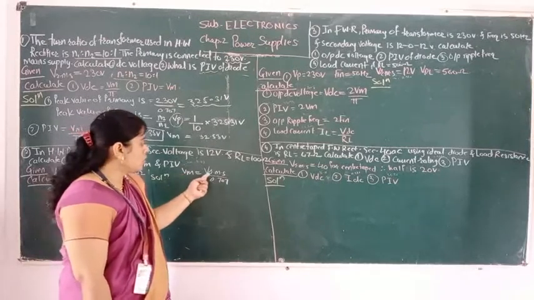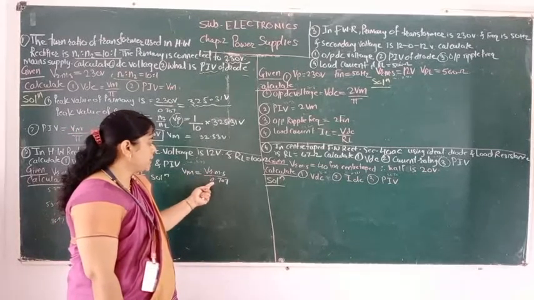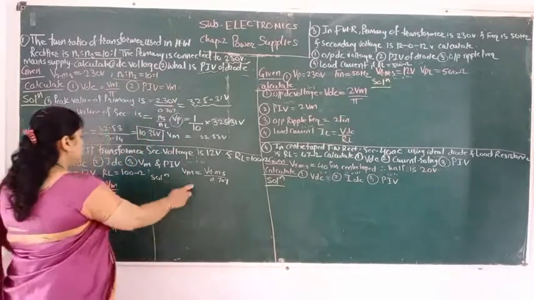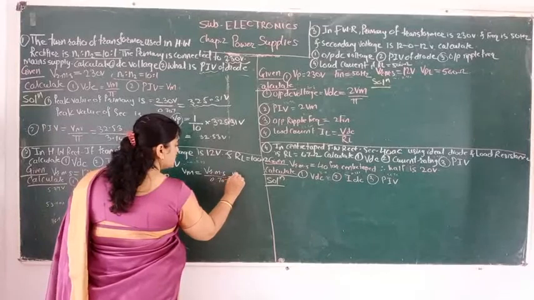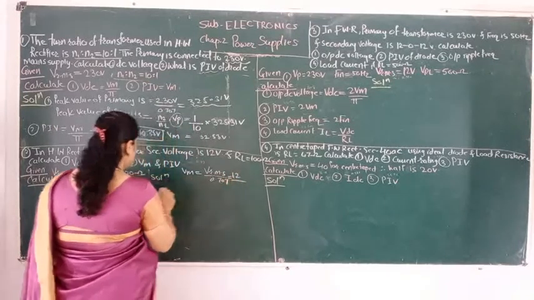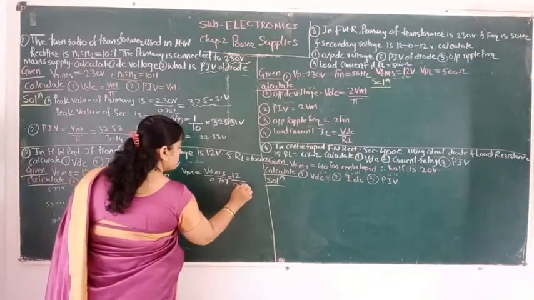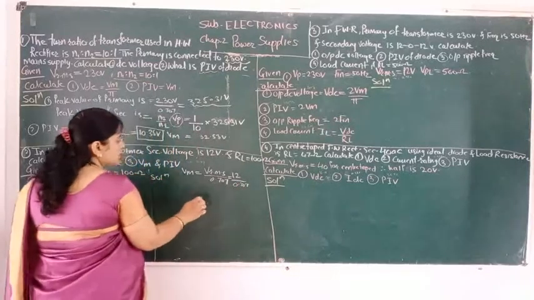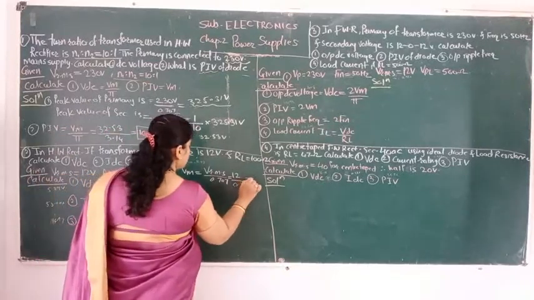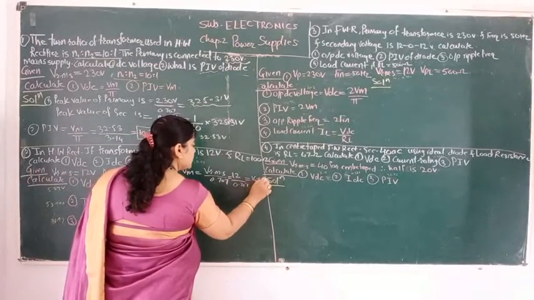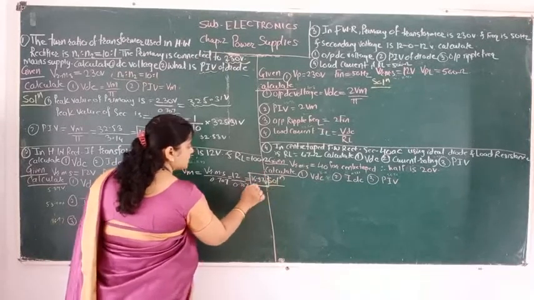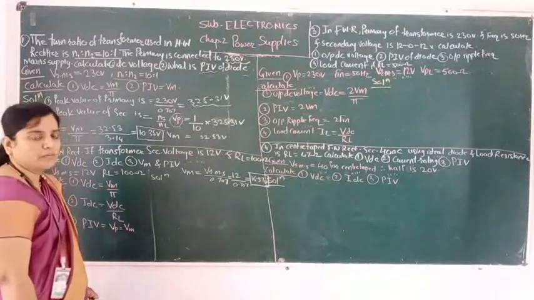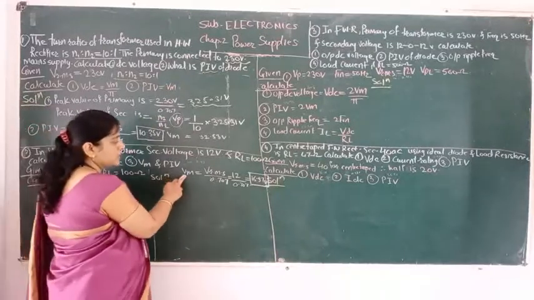So how much is the VM? The value of VRMS is given as 12, so 12 divided by 0.707. So this VM is 16.97 volt.